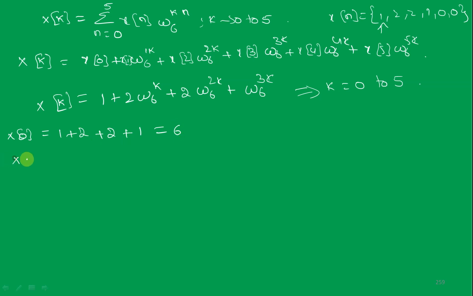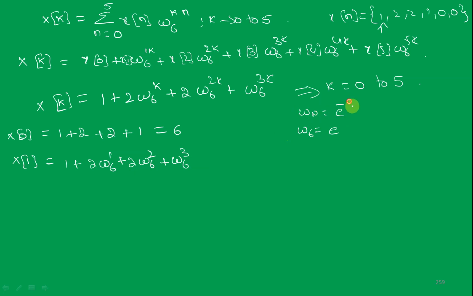Next, x of 1. What is x of 1? 1 plus 2 W6 power 1, plus 2 W6 power 2, plus W6 power 3. Now here we have to substitute these values. Now consider this. What is the W6 or WN?